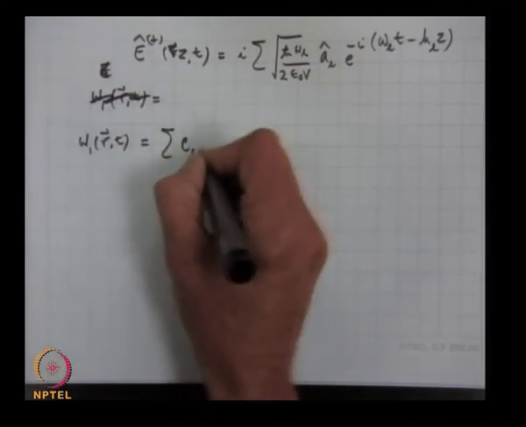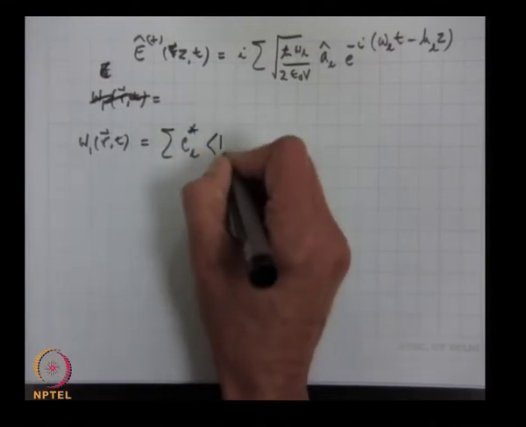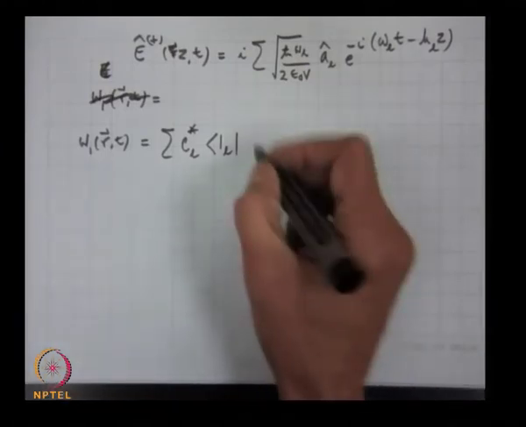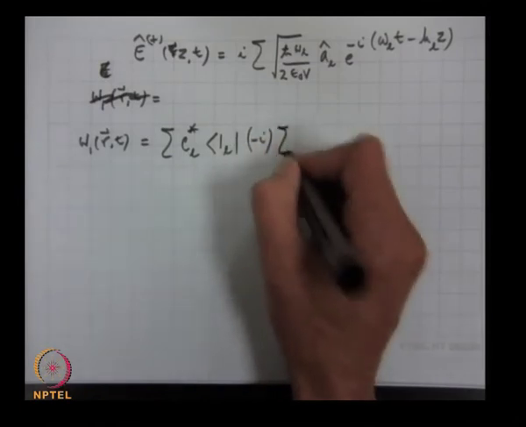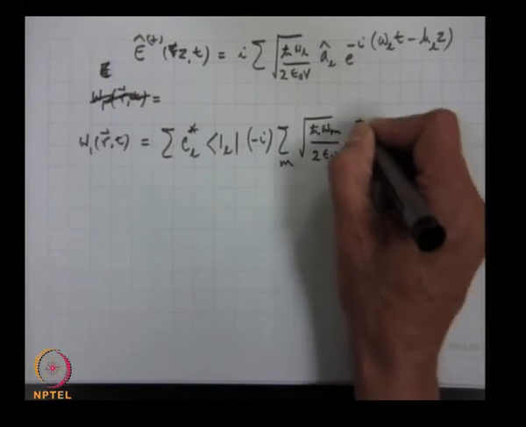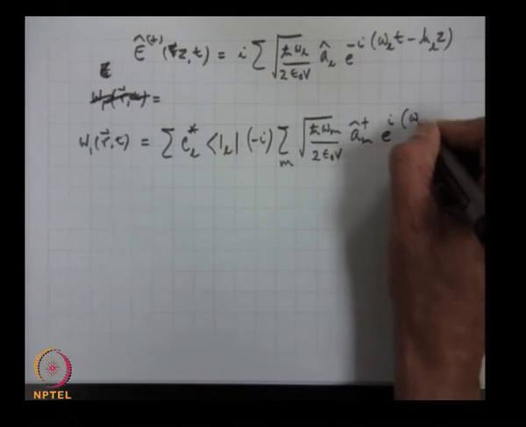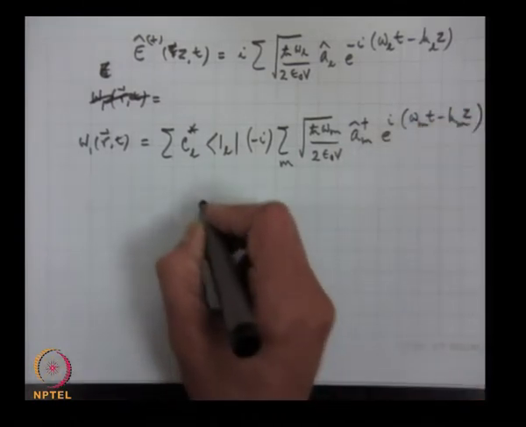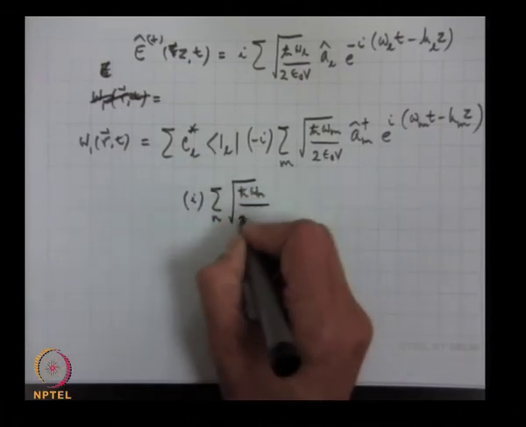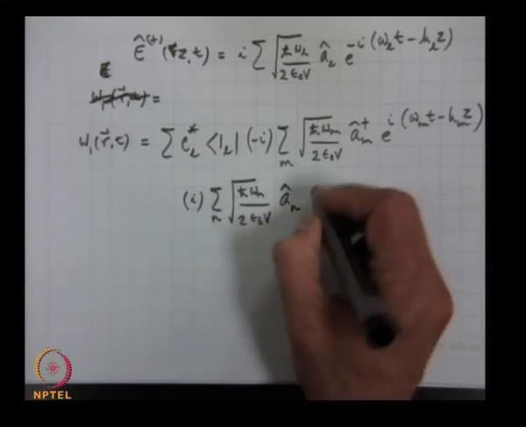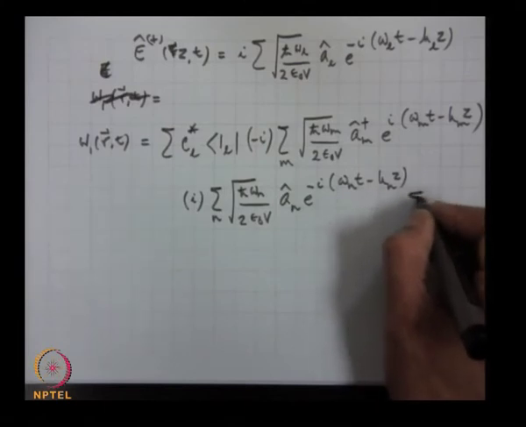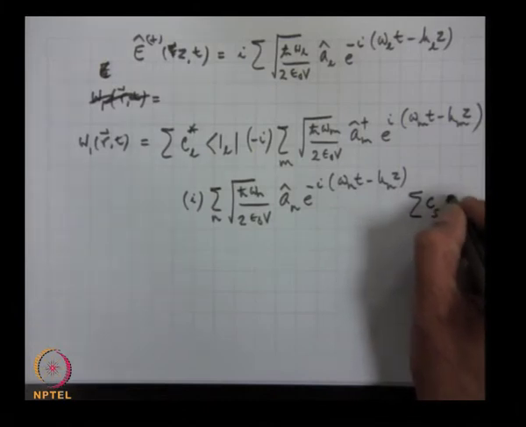let me write here W1 of r,t equals sigma C_L star <1_L|. Bra psi is sigma C_L star <1_L|. Then I must multiply by E minus and E plus. E minus is minus i sigma_M square root of h cross omega_M by 2 epsilon_0 V, A_M dagger exponential i(omega_M t minus k_M z), into E plus, which is i sigma_N square root of h cross omega_N by 2 epsilon_0 V, A_N exponential minus i(omega_N t minus k_N z), multiplied by sigma C_S |1_S>.